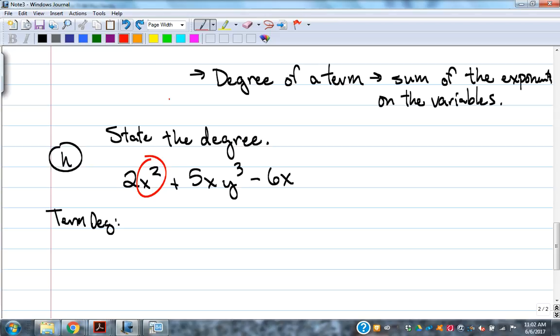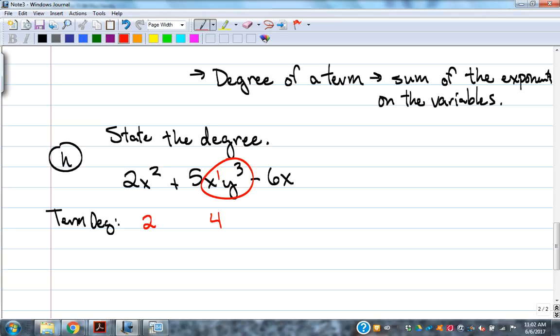But when we look at the second one, it's got 2 variables. What's the exponent on the x? 1. So the sum of the exponents on the variables for that term would be what? 4. So the degree of that term is 4.